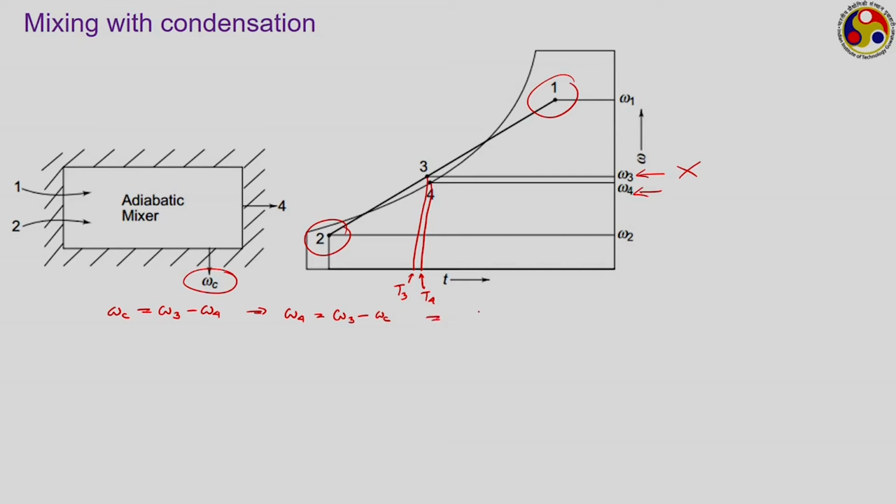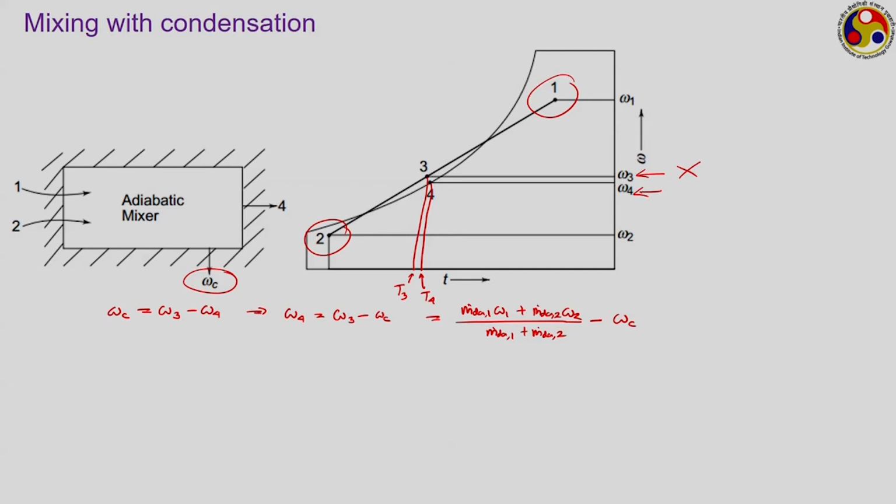Now, from the previous analysis, we know that omega 3 can be written as (m dot dry air 1 omega 1 plus m dot dry air 2 omega 2) by (m dot dry air 1 plus m dot dry air 2). So, from measuring omega c, you can identify the location of point number 4 from here.